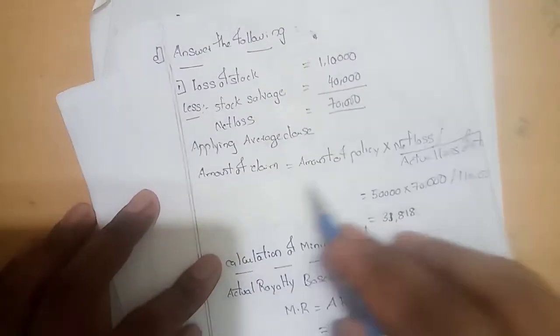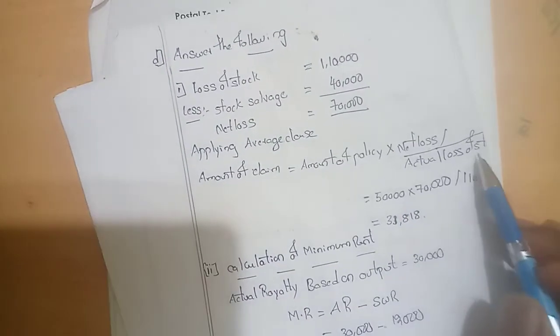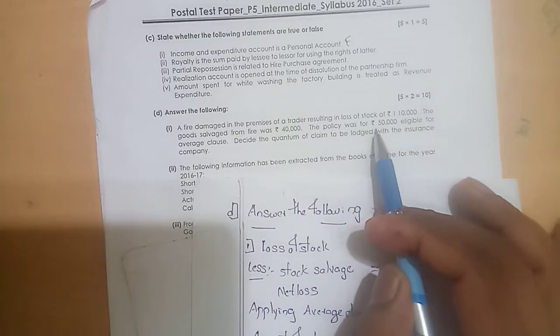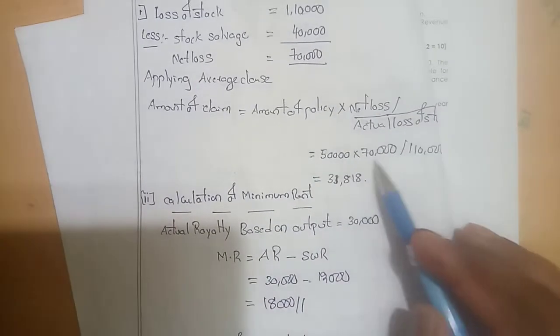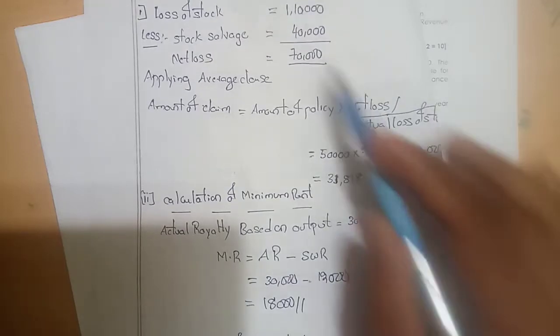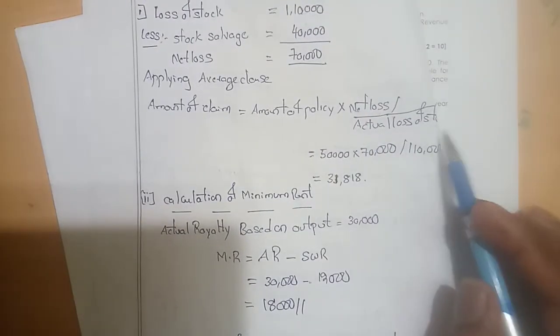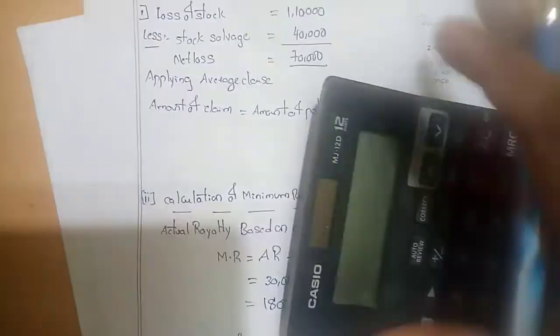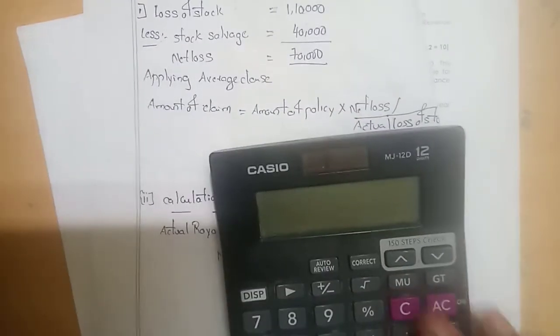Applying the average clause formula: amount of policy into net loss divided by actual loss of stock. The policy is 50,000. So 50,000 into 70,000 divided by 1,10,000.